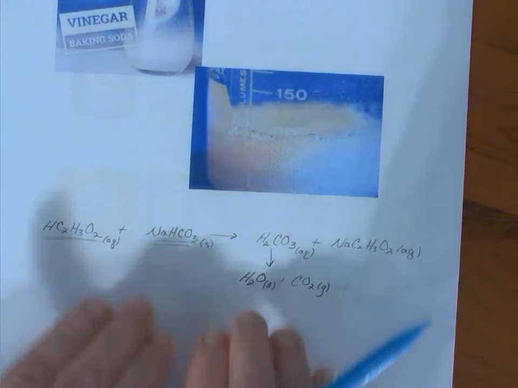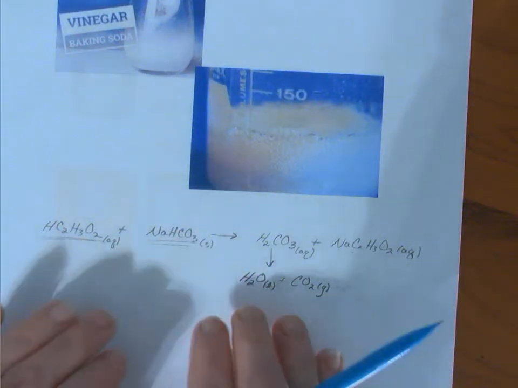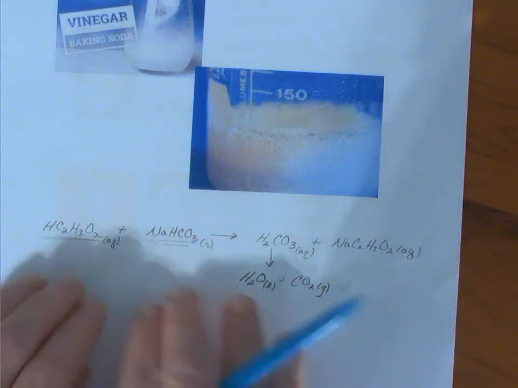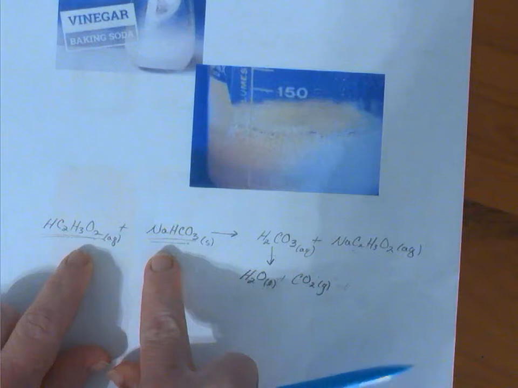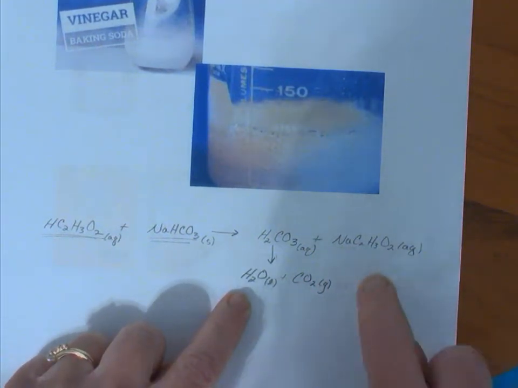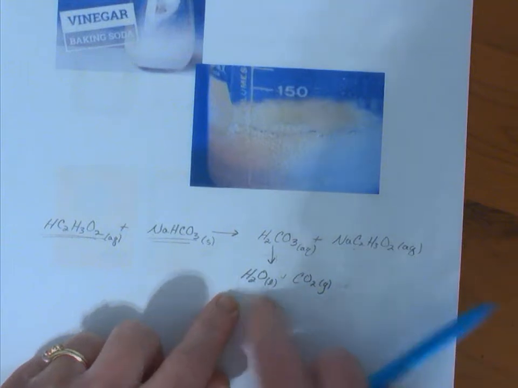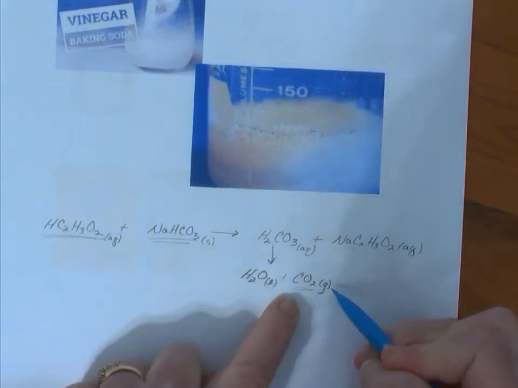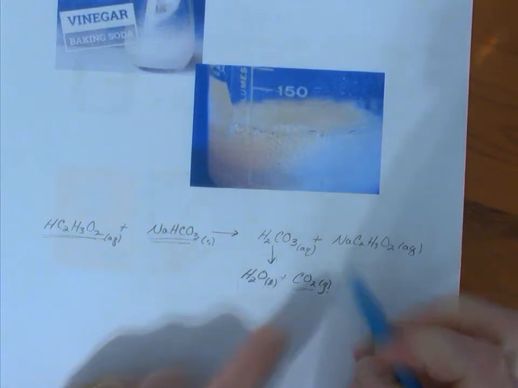Now, this is a chemical change. A chemical change is one in which you have altered your starting ingredients and you have made new substances with a new chemical identity, a new chemical formula. For example, carbon dioxide is a gas at room temperature and pressure.